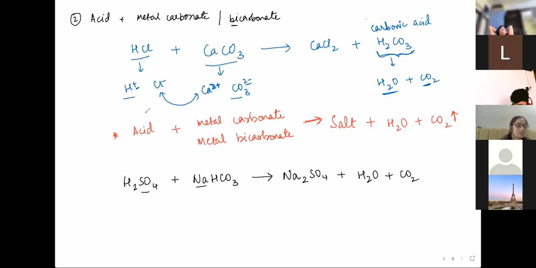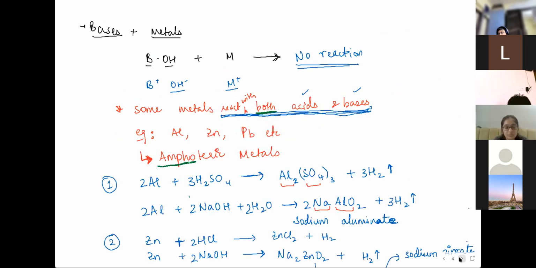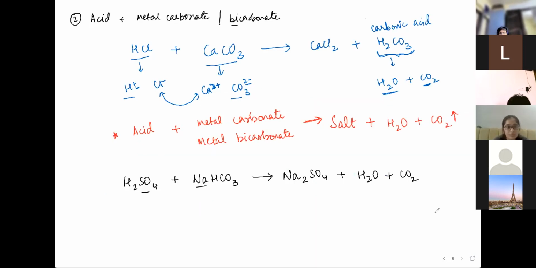Were you there when we did the general equation of how you get the products of this? I'm trying to figure out what you missed, Divya, so that I can help out. What was the last thing we were doing? Were you there for this equation, or was it the previous thing, or where exactly was it?